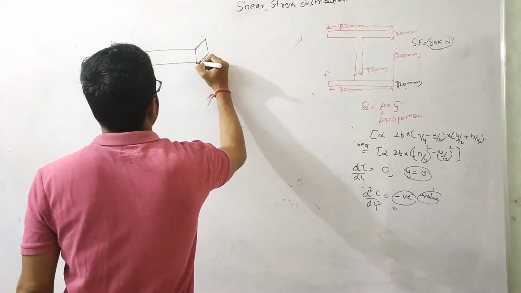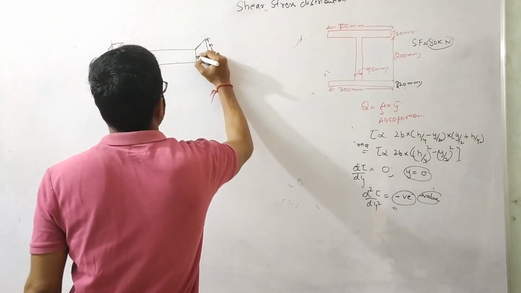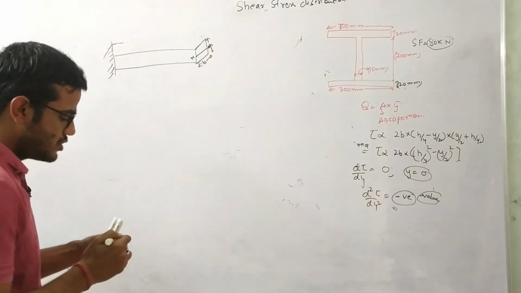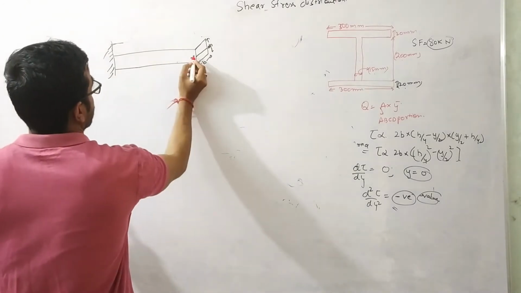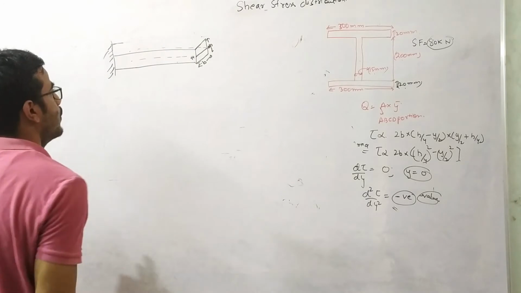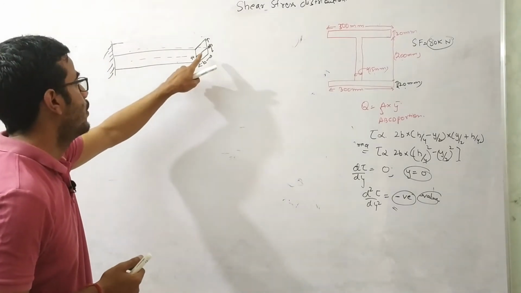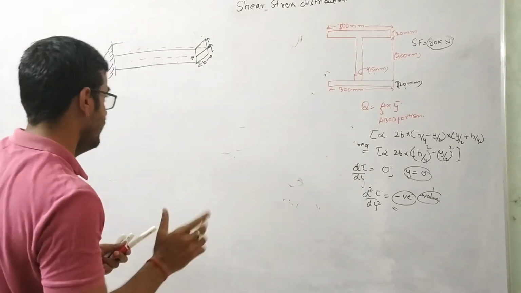This is the cross-section area of this beam, where this is B and this is H, and this is the neutral axis. I will show you the variation across this neutral axis: what will be the horizontal shear stress at this point, and the transverse shear stress at this neutral axis level.